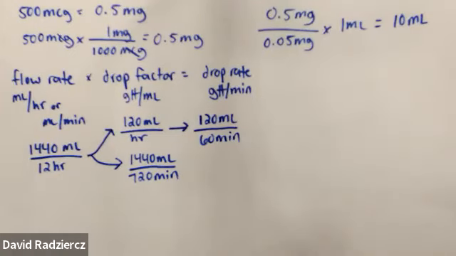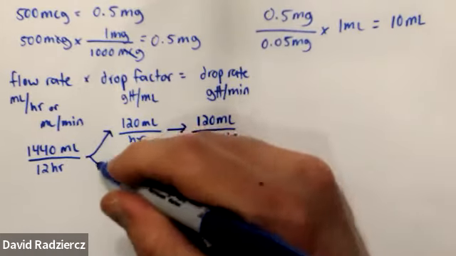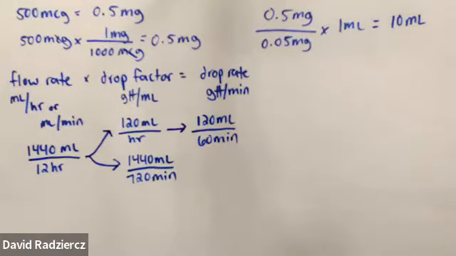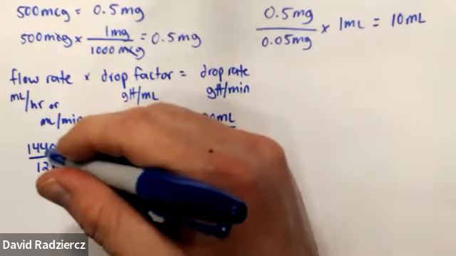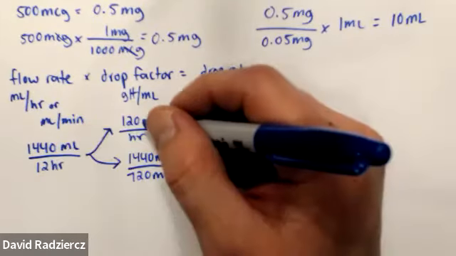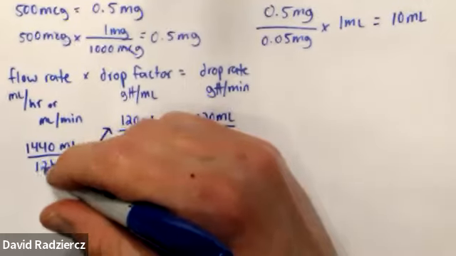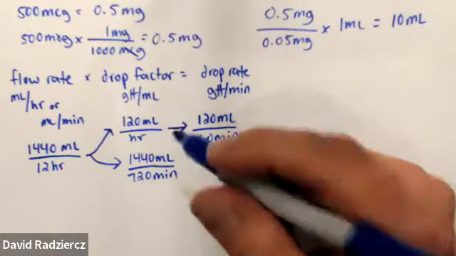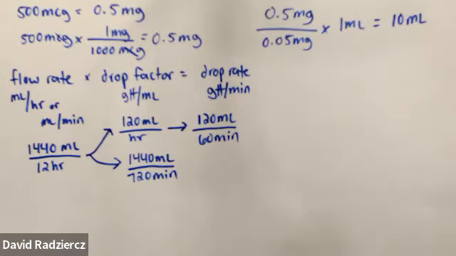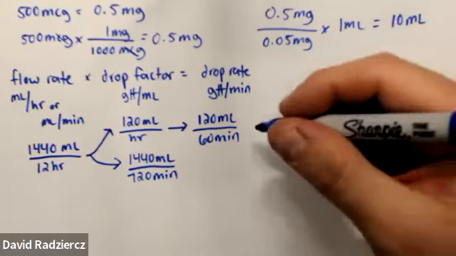When I draw an arrow, I'm just indicating that I'm making a conversion, which I think most of you can see. I just put into the calculator 1440 divided by 12. That's where I got that. Or I did 12 times 60, which is where I got this. There's a couple different ways to get to the same answer.